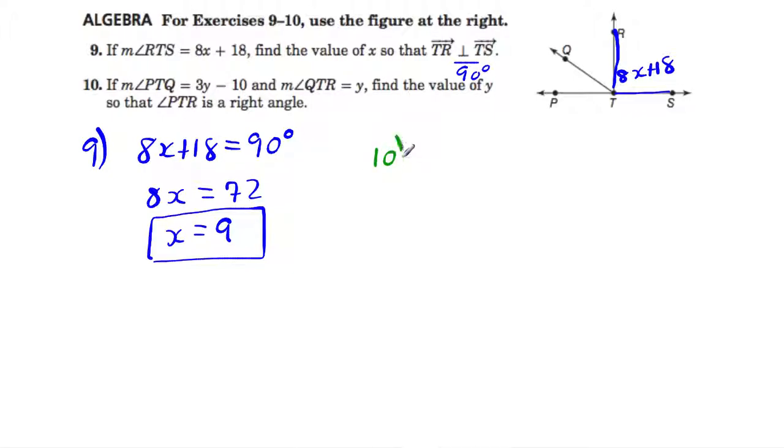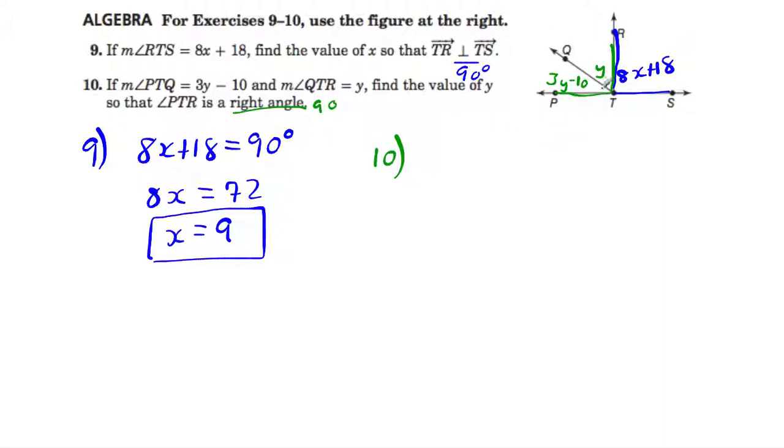For number 10, they give us that angle PTQ is 3y minus 10, and the measure of angle QTR is just y. I want to find the value of y so that PTR is a right angle. And yet again, that right angle means 90 degrees.